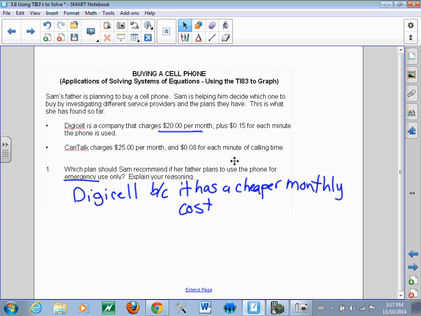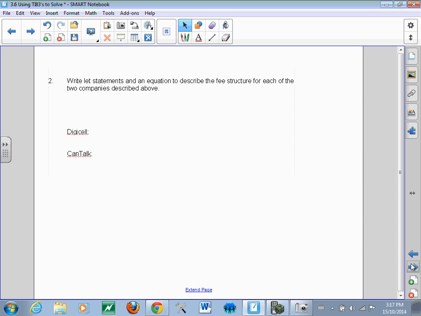Moving on to the next question, number 2. Okay, number 2 says to write let statements and an equation to describe the fee structure for each of the 2 companies. So what are we worried about? We're worried about how much money Sam's father is going to have to pay in total, and what affects that, folks, is your independent variable. And your independent variable is how many minutes you're going to talk. So let's start with that.